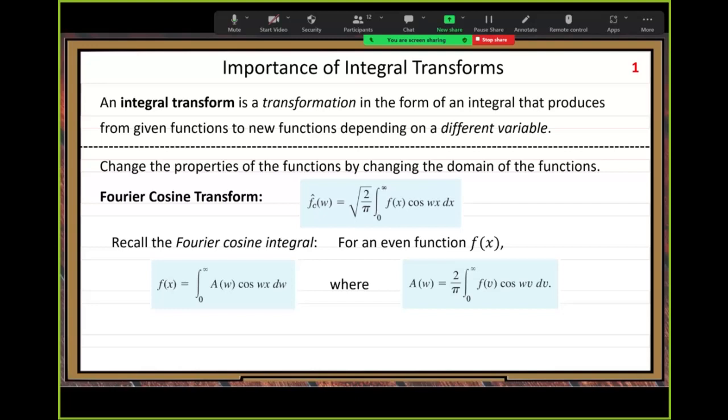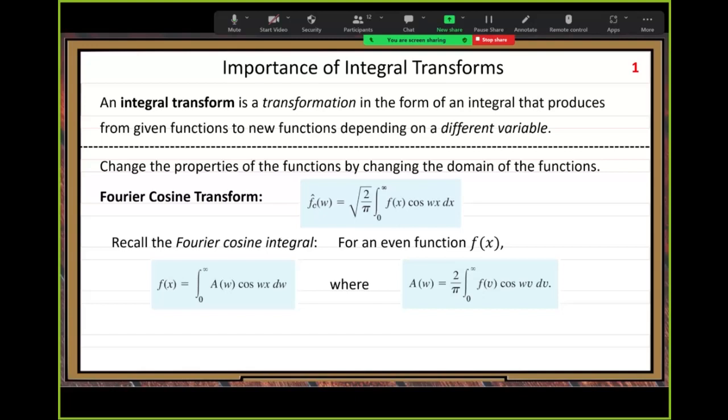The reason is very simple. We treat this constant as a square, and we take its square root and split it. We put one square root here, another square root there. Why do we split?